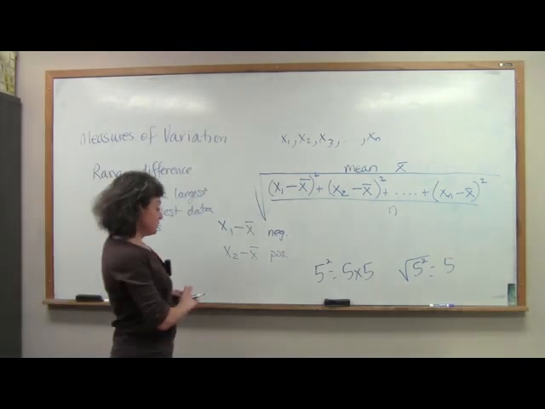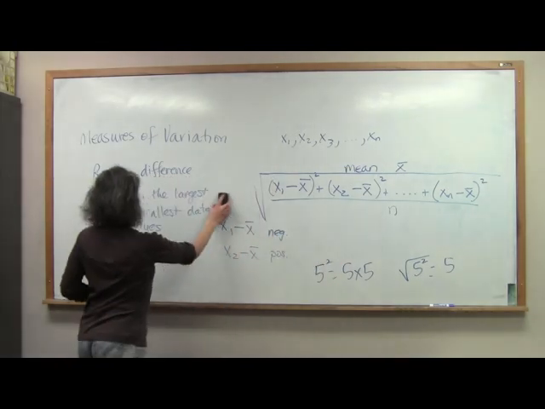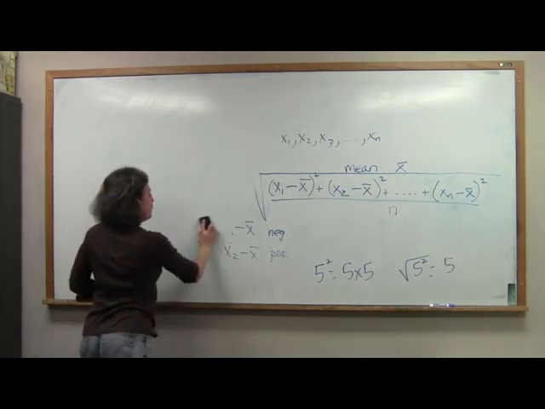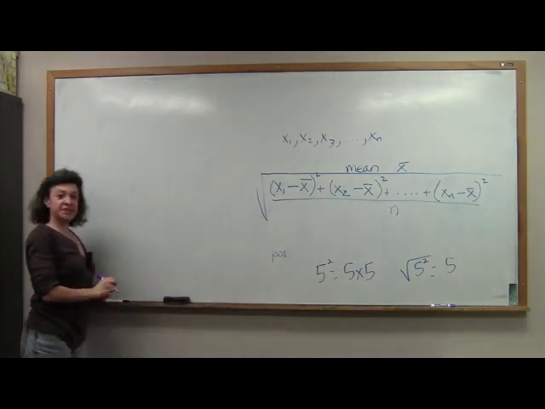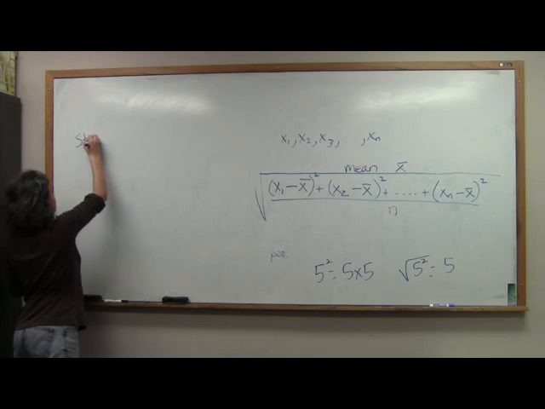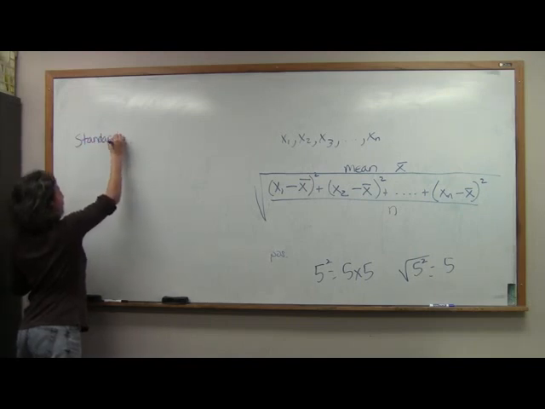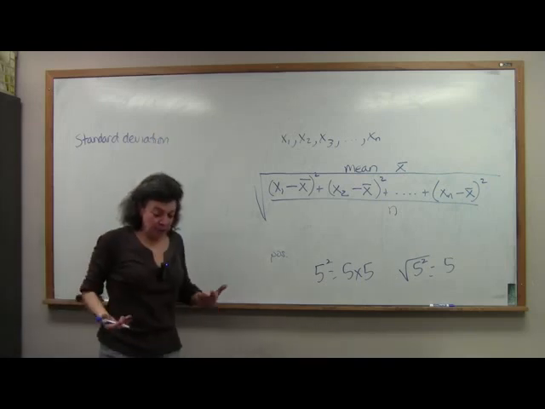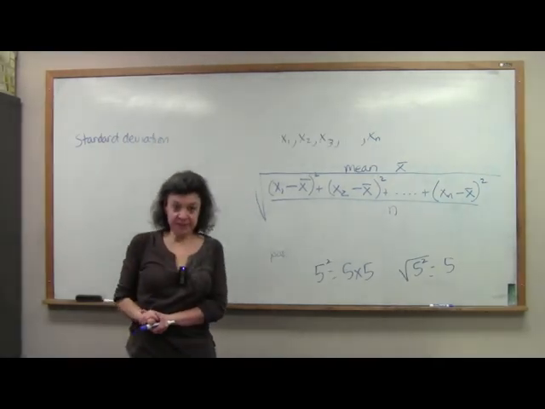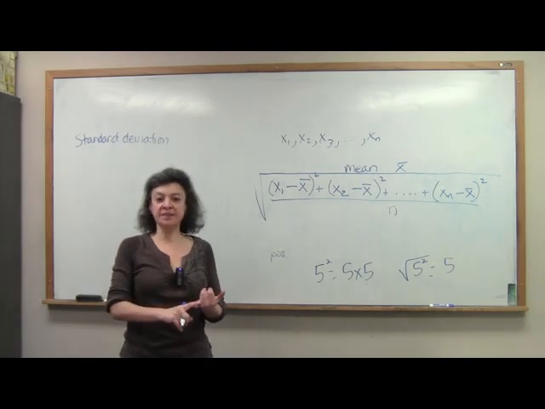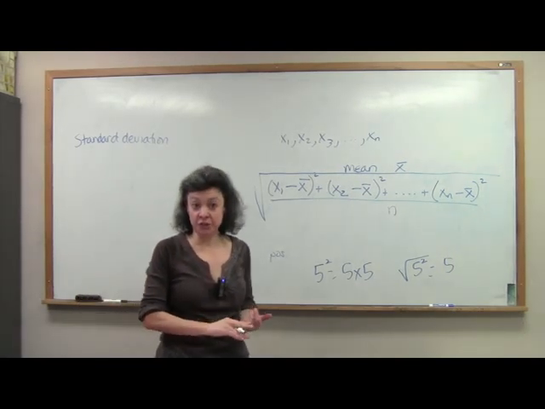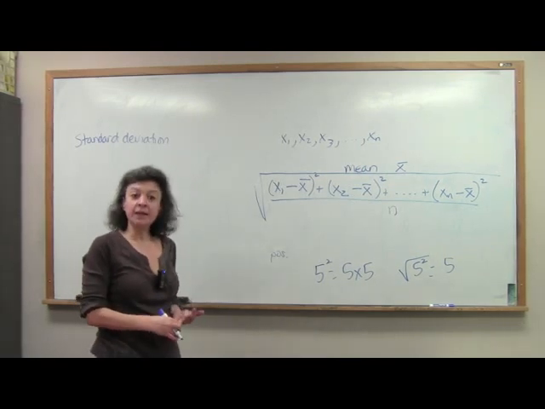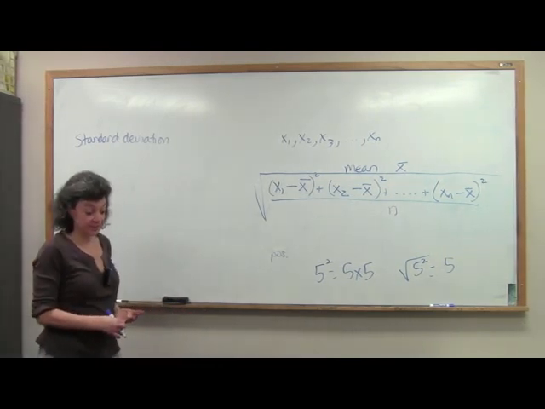Now, I need to say a fine point here. What we've done is we've just intuited what our standard deviation is. And it turns out that there's 2 ways to compute the standard deviation. It depends upon whether you're looking at a population or a sample. And this is something that you'll go into a lot more detail with in your next statistics course.